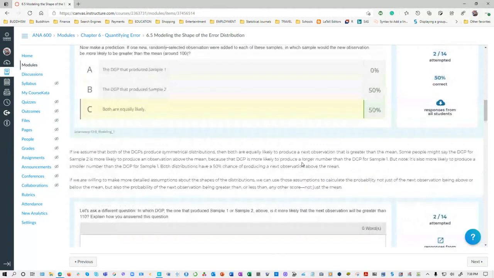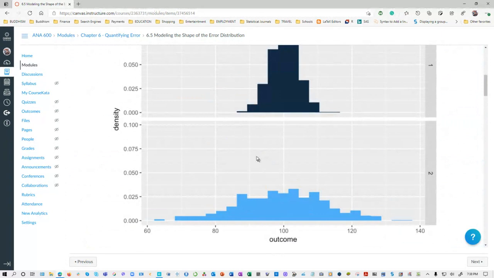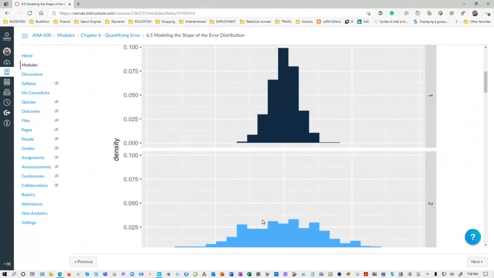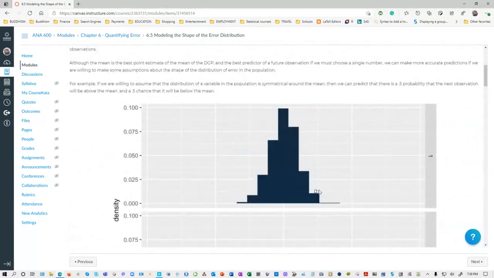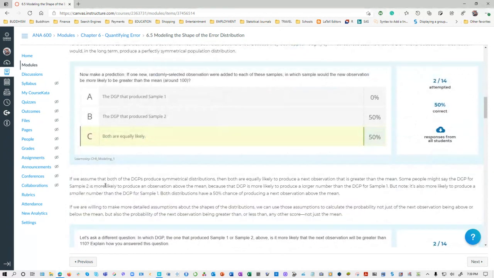So they were talking about a very interesting thing here. Looking at these distributions, we are willing to assume something about the population distribution from which these two sample distributions were generated. Both distributions have a mean of 100.